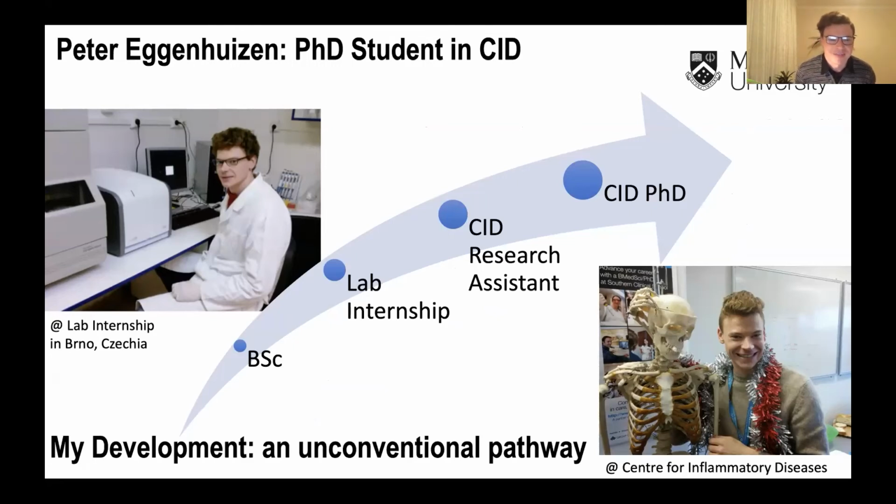There's a picture of me on the left looking very serious next to a Sanger sequencer. When I came back to Melbourne, I got a job as a research assistant in the Centre for Inflammatory Diseases. After a number of years as an RA, I finally got the courage to embark upon a PhD in the CID, and on the right-hand side, there's a picture of me looking much happier in the CID.